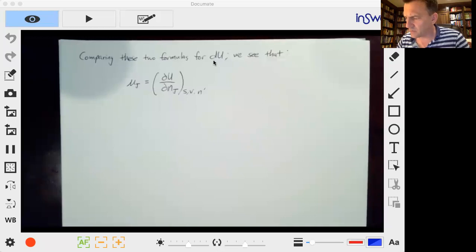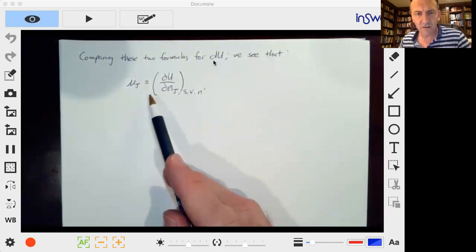So this gives us some hint to the power of the chemical potential. Before we saw that the chemical potential would tell us how much G, the Gibbs energy, changed if we change the species present, the amounts present. And now we see that the chemical potential also tells us how much U will change if we change the amounts.